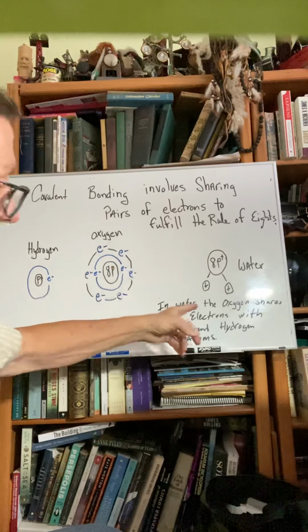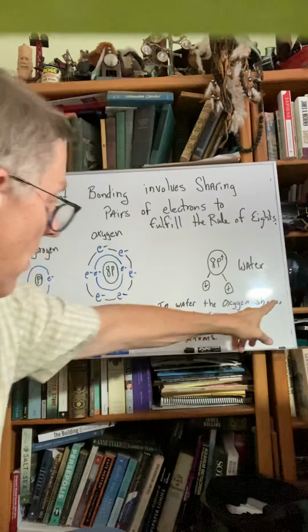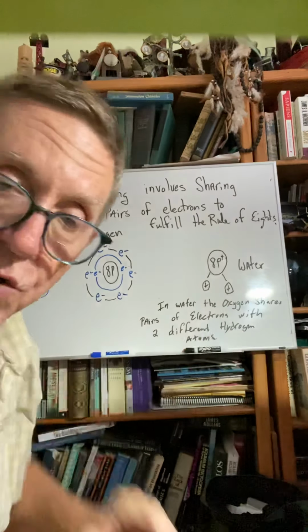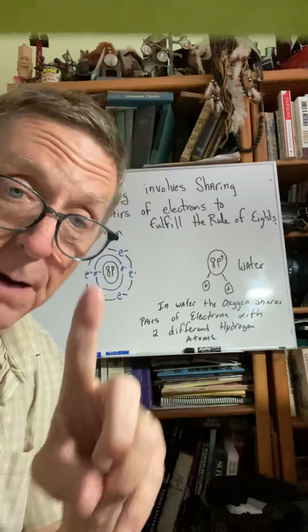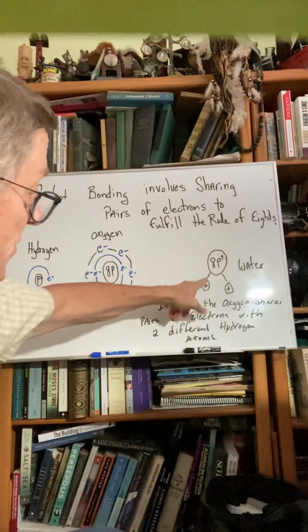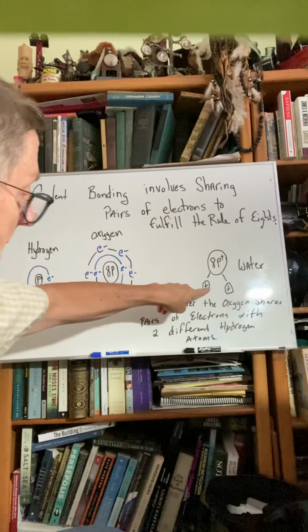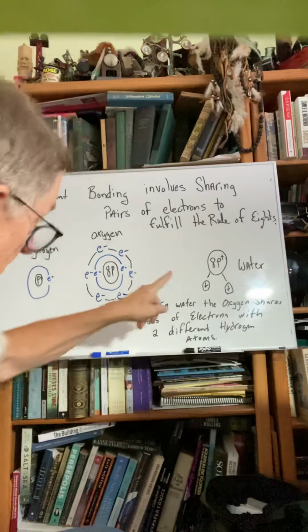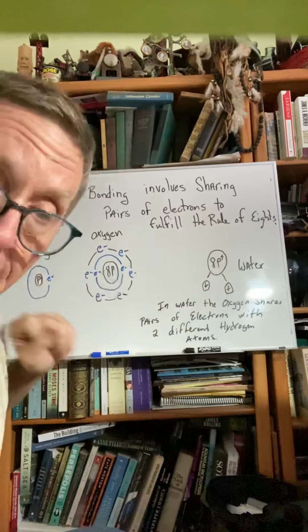In a water molecule, the oxygen shares pairs of electrons with 2 different hydrogen atoms. Each hydrogen atom only has 1, but it needs 1. So they're sharing this pair here, and the electrons can be down here or they can be up here. It's shared between this atom and this atom.